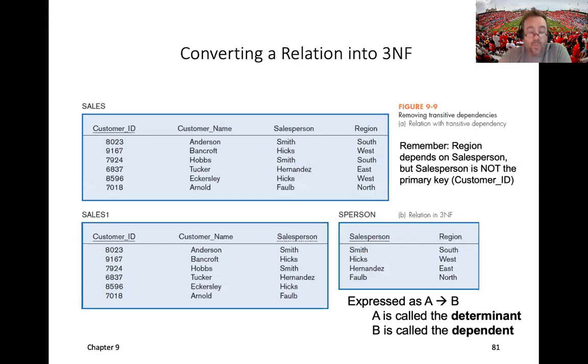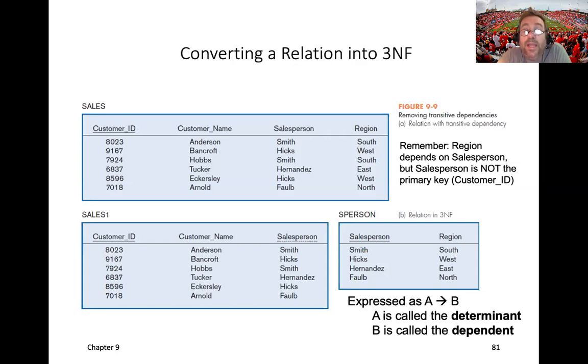So we know we have two functional dependencies in sales. Customer ID functionally determines customer name, salesperson, and region, and also salesperson functionally determines region. But salesperson is not the primary key. So how about this?